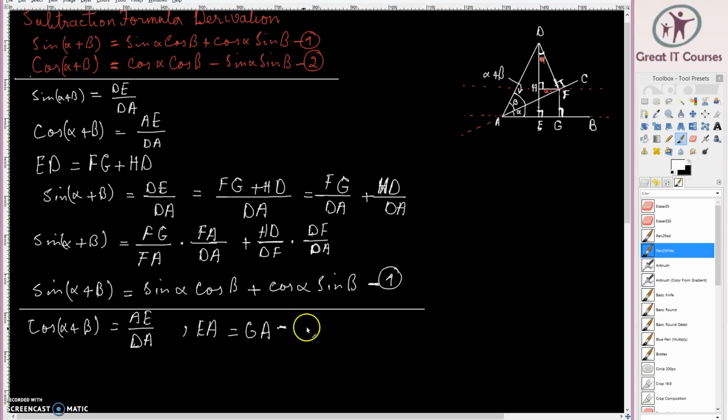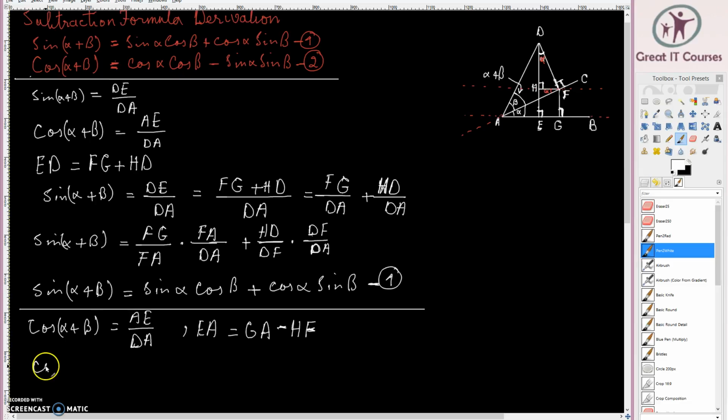so you can write minus HF over here. And then you can write EA in terms of GA minus HF over here.